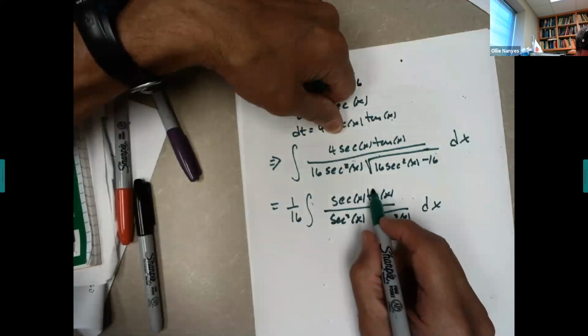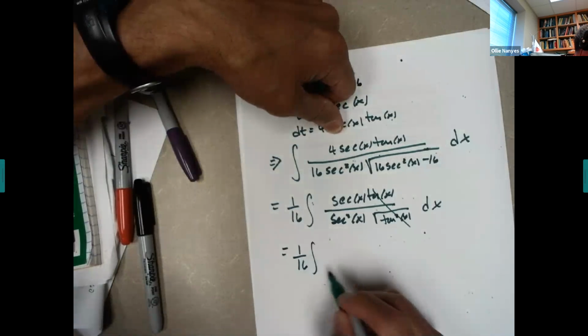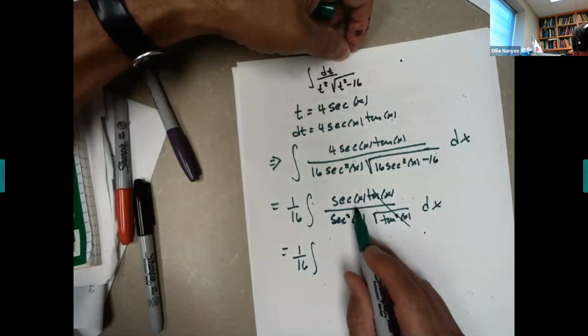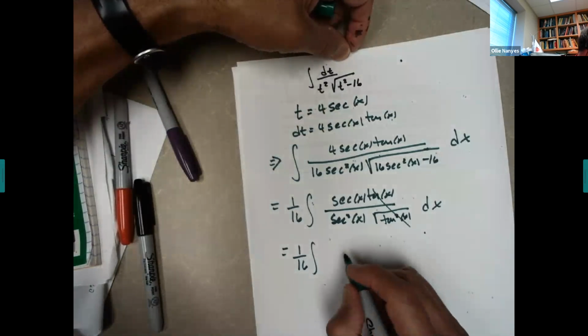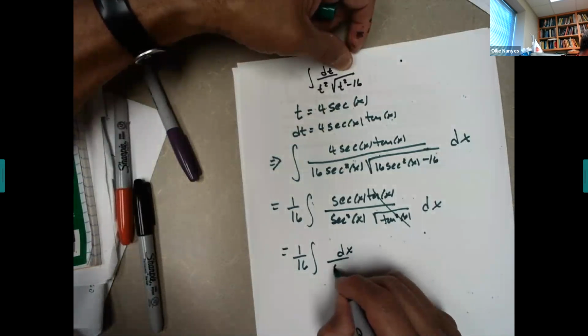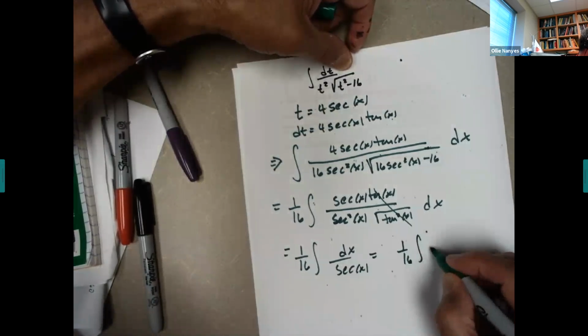Assuming we're in the right range, that becomes cancellation. This is actually going to work out pretty easily right here because secant divided by secant squared is just 1 over secant, which is another way of saying it's just plain old cosine.